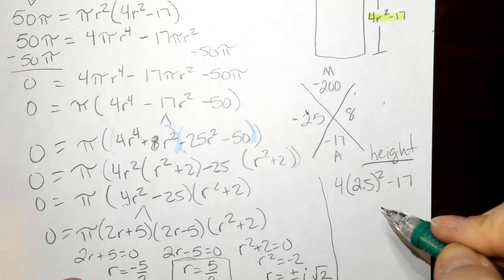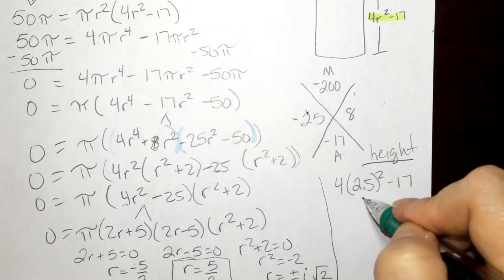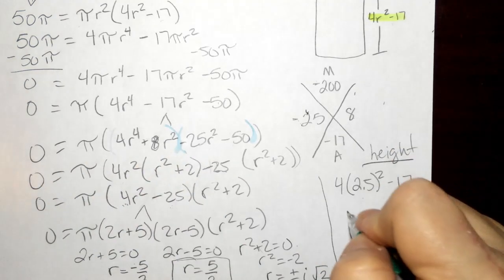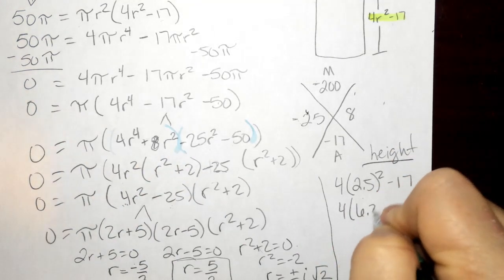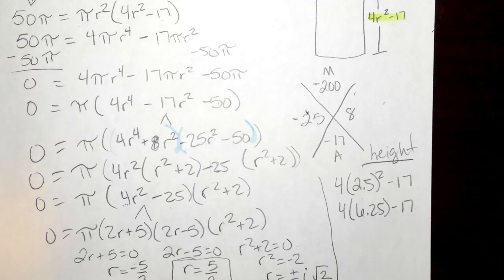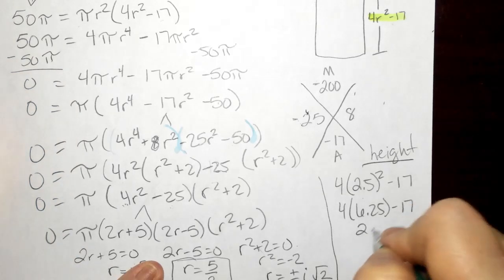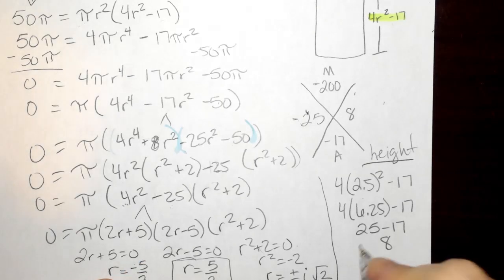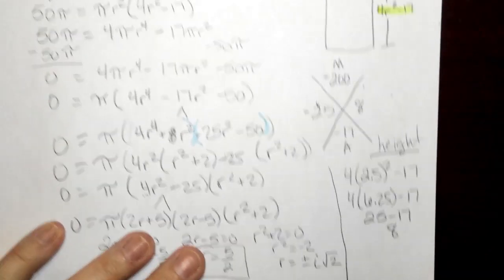All right, so 2.5 squared gives us 4 times 6.25 minus 17, which gives us 25 minus 17, which equals 8. So the radius is 2.5 and the height is 8 feet.